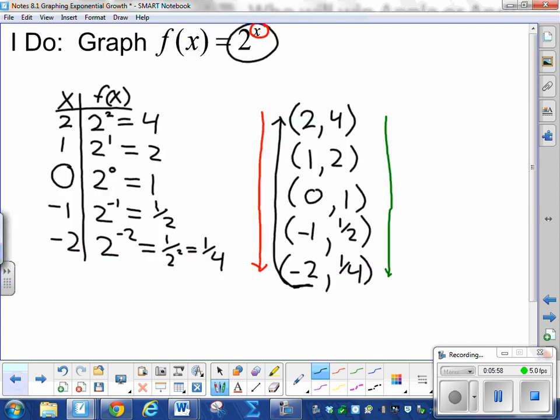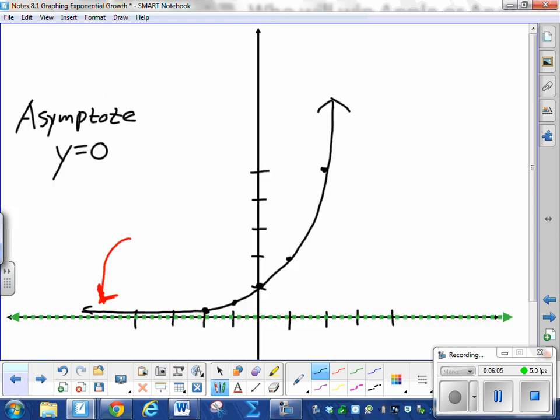But keep in mind, this started off as an f of x function. So it is f of x, so let's make it f of x equals 0. That is your asymptote.